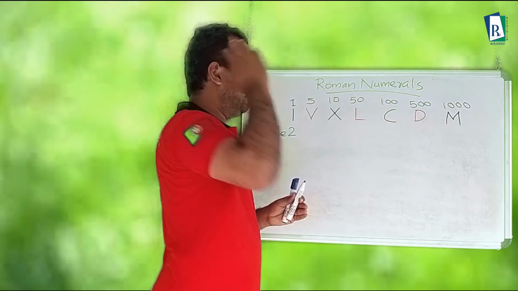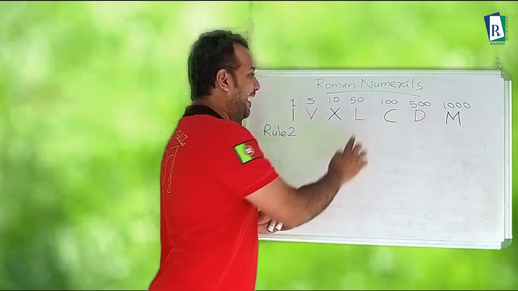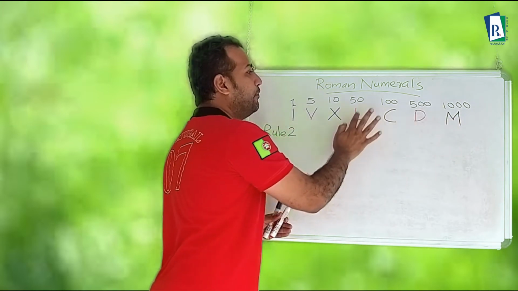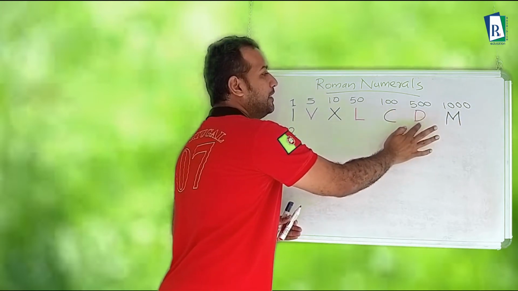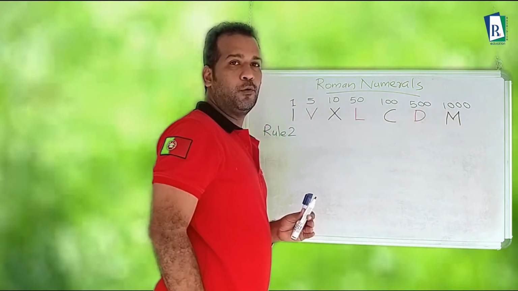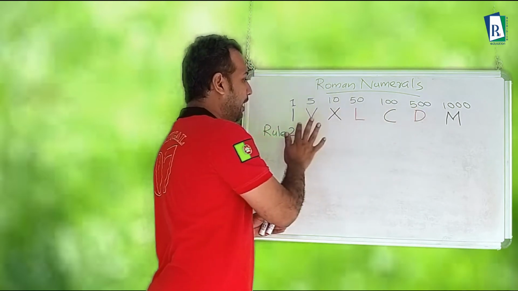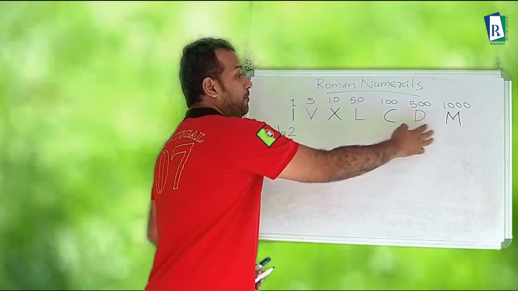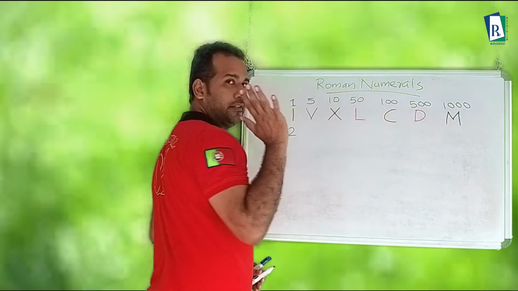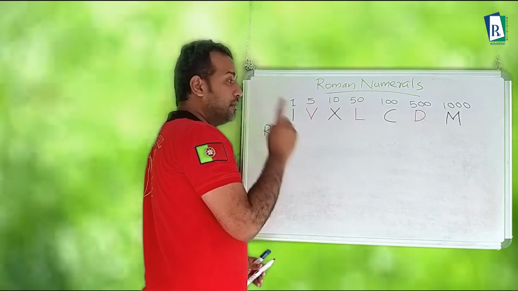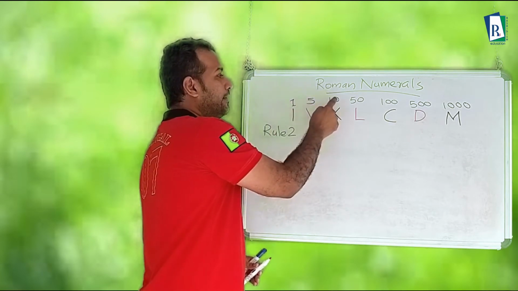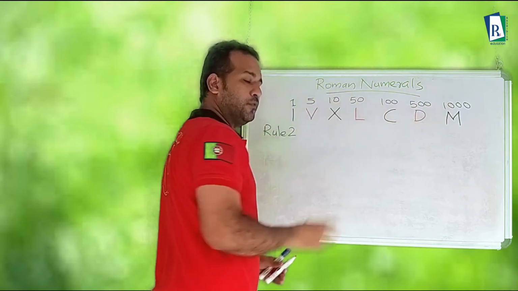You remember that name? LCD monitor. L 50, C 100, D 500, M 1000. Only to remember, okay? I, V, X is familiar, then the remaining LCD monitor. Then you understand the numbers 1, 5, 10, 50, 100, 500 and 1000.